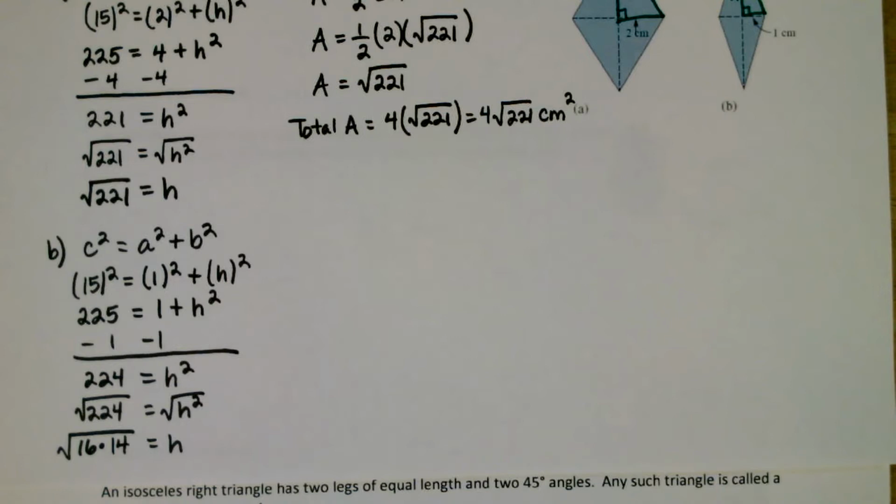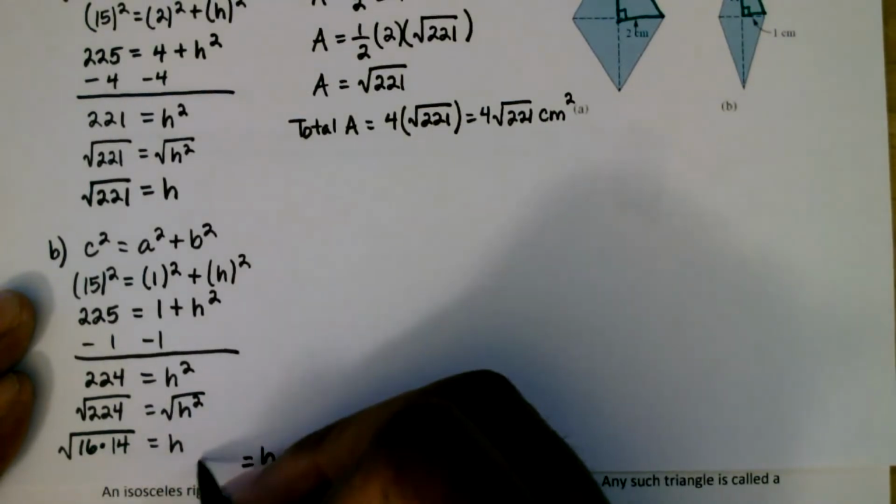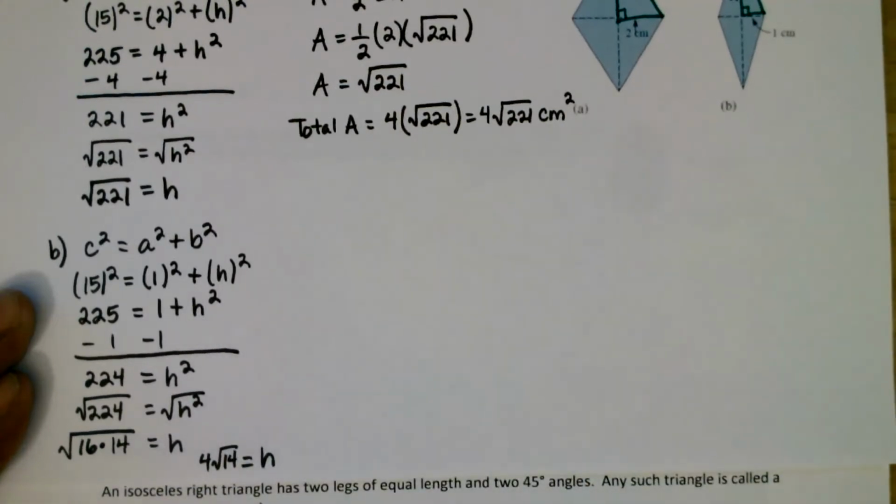So you have to find the largest perfect square that goes into 224, because I know you have to start with 225 and just keep going until you get to, in this case, 16. All right, so here, h would be equal to the square root of 16, which is 4. 14 is not a perfect square, so it'd be 4 times the square root of 14. And that's what h is going to be equal to.